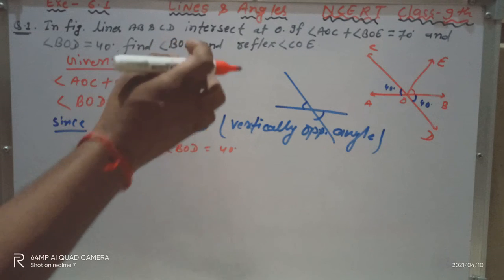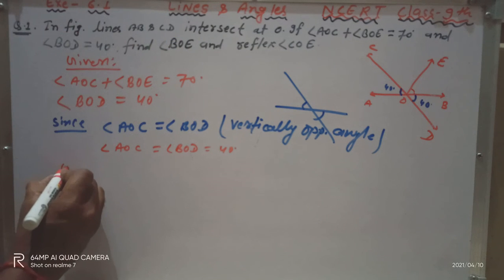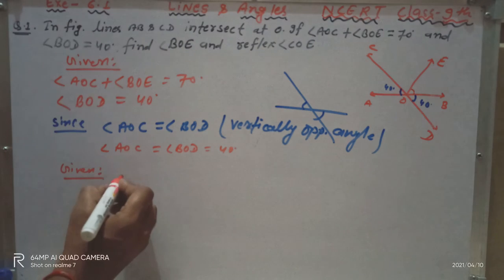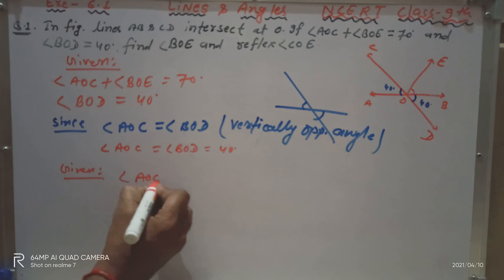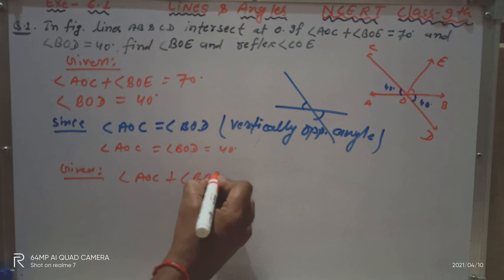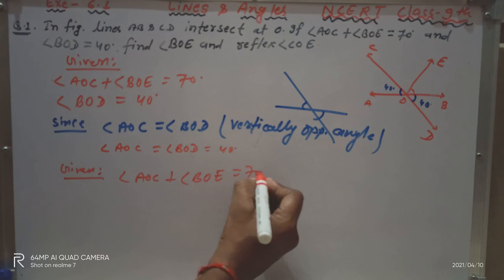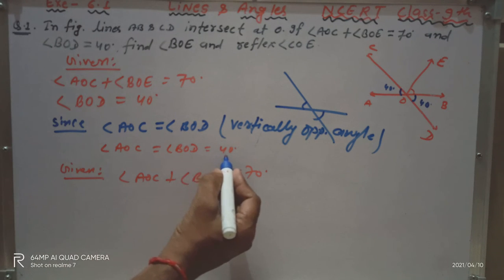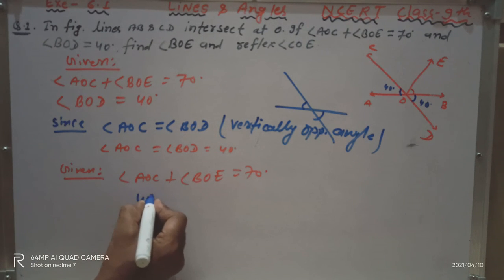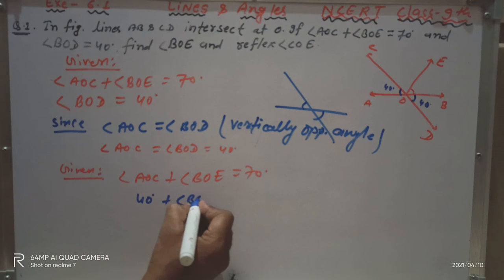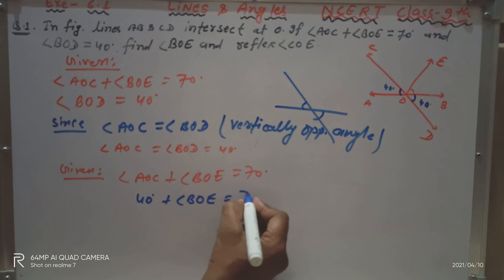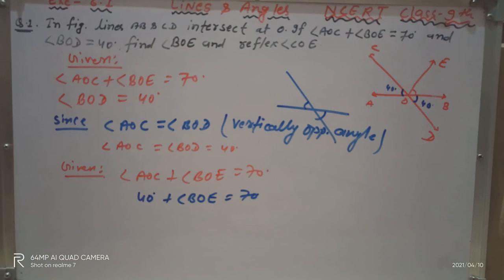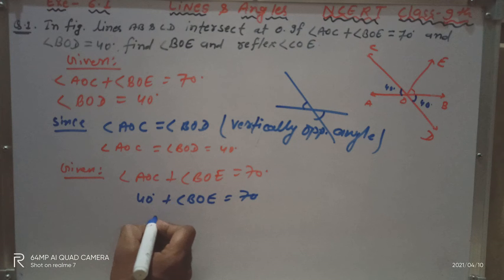And we have to find the angle BOE. It's given that angle AOC plus angle BOE equals 70 degrees. If I put the value of AOC, which we have already got as 40 degrees, then 40 degrees plus angle BOE equals 70 degrees.